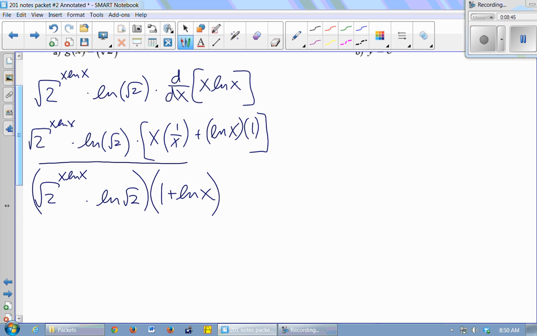It's hard for me to leave that unsimplified when I can simplify it in one quick step. I would still use the product rule on x ln x, and then if there was a plus x squared, the derivative then would just be plus 2x.